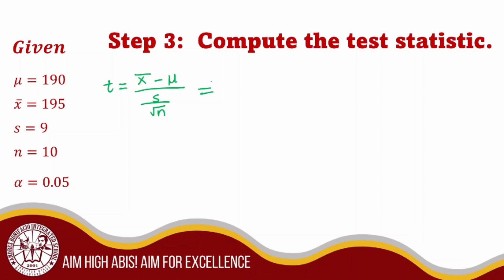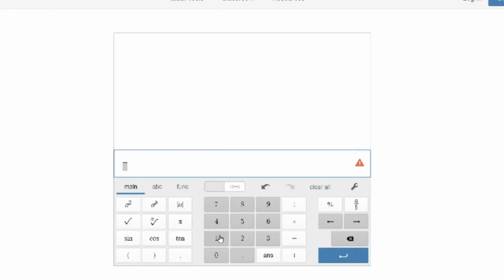The mean is 195 minus 190 all over, what is our standard deviation? This is 9 over the square root of n, which is the square root of 10. So, using our calculator, let us solve.